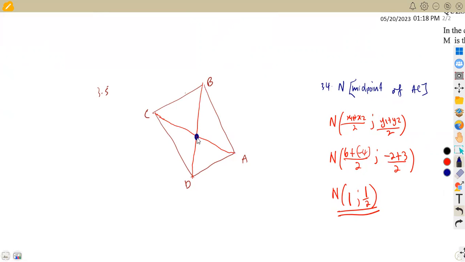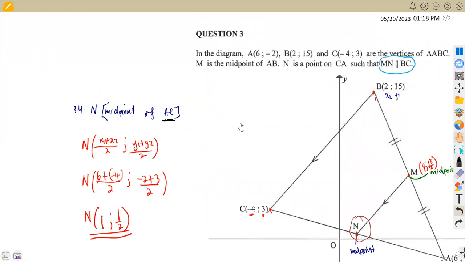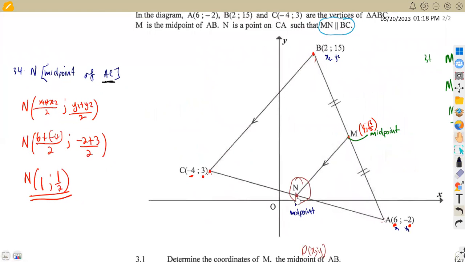So this part here is the midpoint of AC, and we calculated that midpoint of AC before, from A to C. That midpoint was N. So this is the advantage that we are taking of this N that we see here. This N is the midpoint of AC.